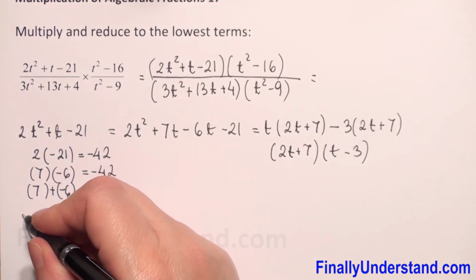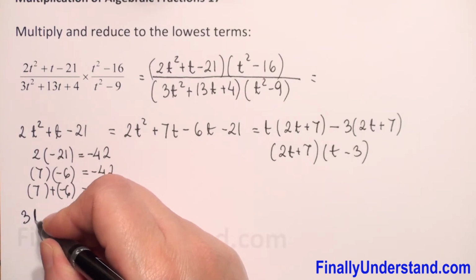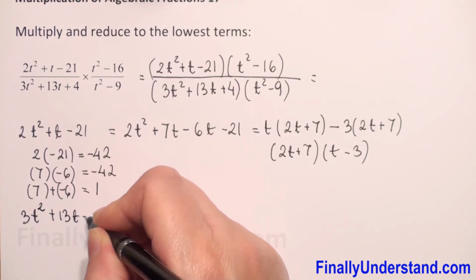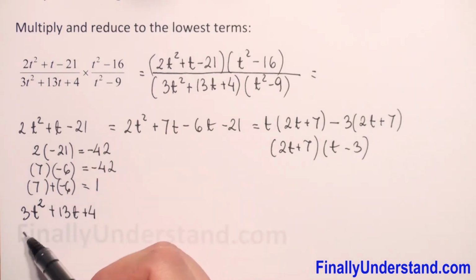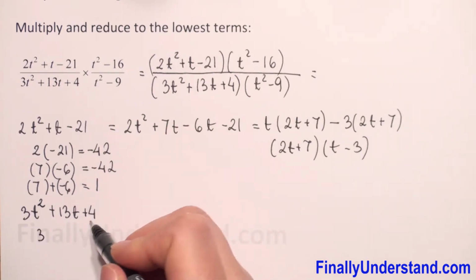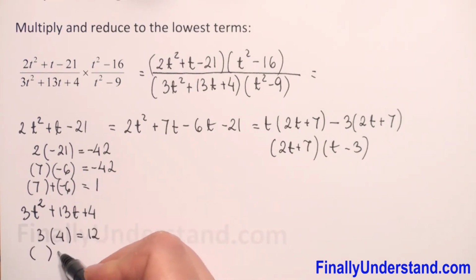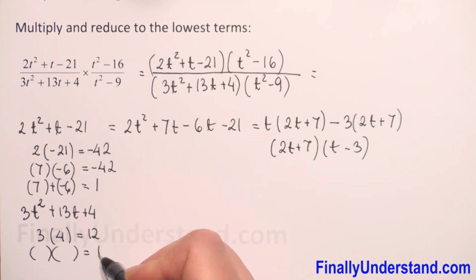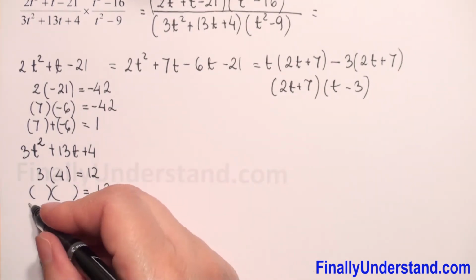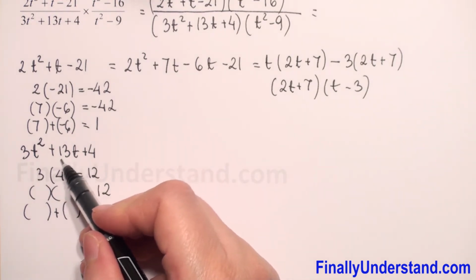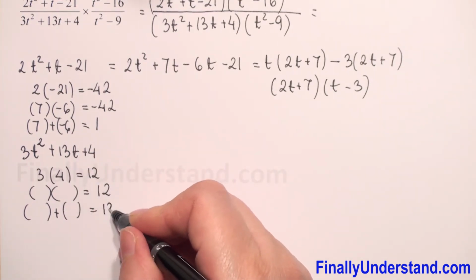So we will have, let me copy this expression, 3t squared plus 13t plus 4. The coefficient before t squared is different than 1, so I have to multiply 3 by the constant 4, so this is 12. Next I have to find two numbers which I multiply, and I will have 12. And when I add these two numbers, I have to have the coefficient before t, so this is 13.